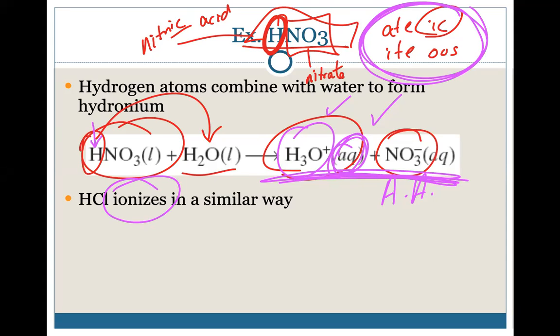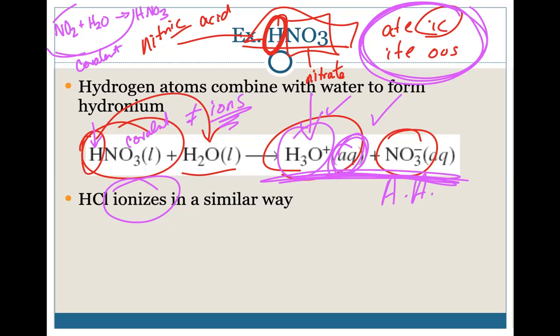The way they actually form is by having a non-metal oxide react with water to form the acid. Okay, so this is all covalent, which means there are no ions. But you're producing ions on this side, so therefore ionization, not dissociation.